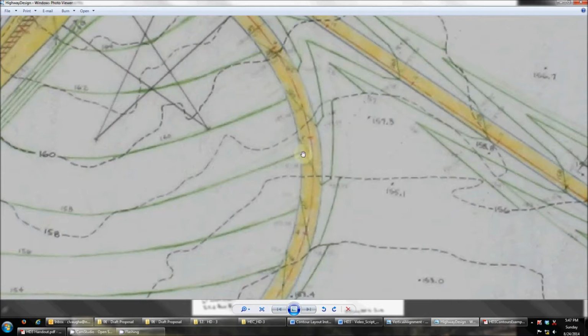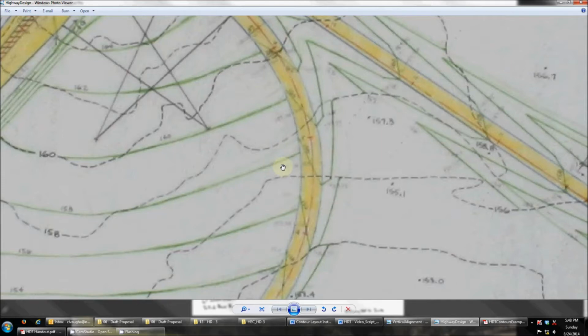So if I'm looking at, say, the 158 contour in the pavement that I've already drawn and the 156 contour here, if I want to know where this contour line starts outside of the pavement, I would find the distance between these two and go a quarter of the way down, because 6 inches is 1/4 of 2 feet, and that's where that would start.